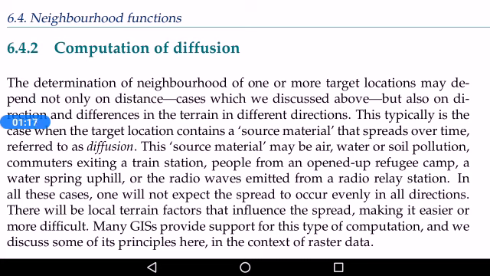So this is called diffusion, and the source material may be something like air pollution, water pollution, soil pollution.